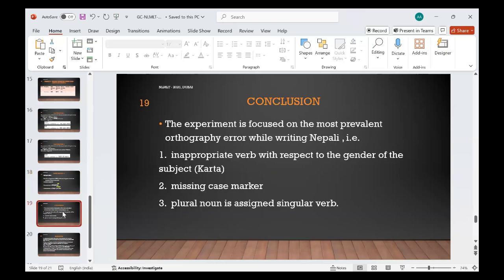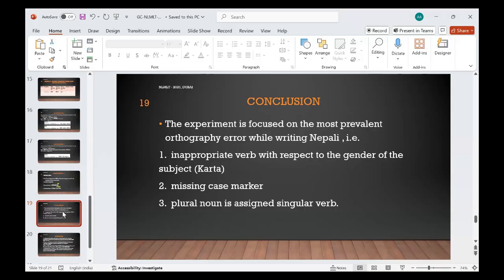So the conclusion is that the experiment is focused on the most prevalent orthography errors while writing Nepali. We have categorically addressed a few errors in the sentence: an inappropriate verb with respect to the gender of the subject, karta; a missing case marker, vibhakti or post position; and a plural form assigned a singular verb.